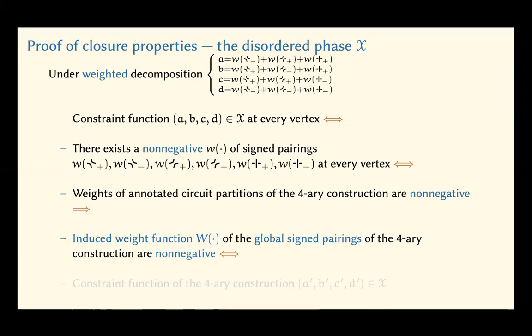So this means that the induced weight function capital W of the global signed pairings of the Fourier constructions is non-negative because they are sums of the weights of annotated circuit partitions. This in turn means that the constraint function of the Fourier construction itself must be in the disordered phase X.